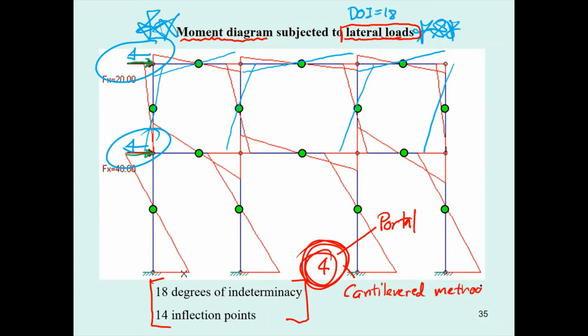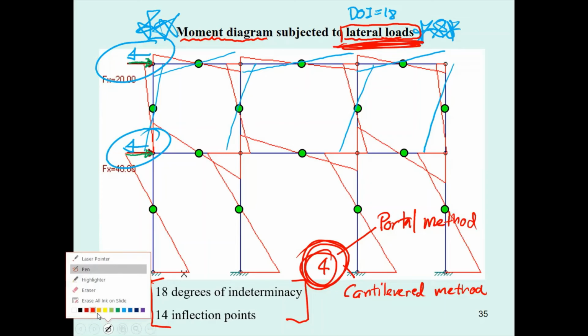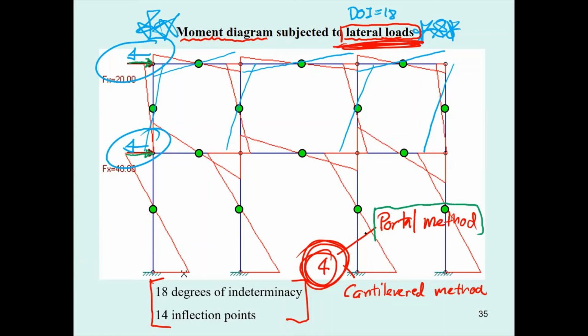In the analysis of a frame subjected to lateral load, there are 2 methods, and I will concentrate on the portal method because it is good for low-rise buildings. And as I showed you, the young engineer most of the time works with low-rise buildings.